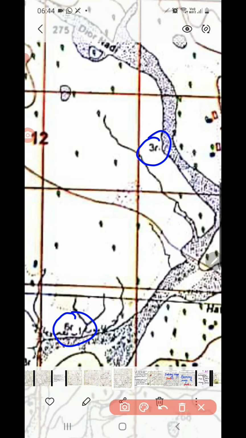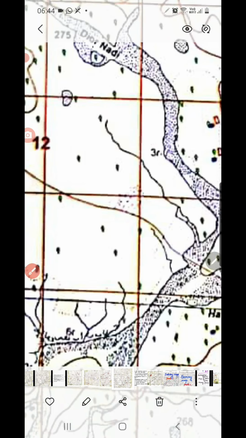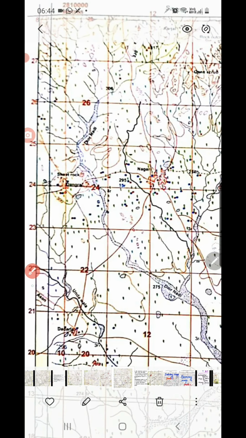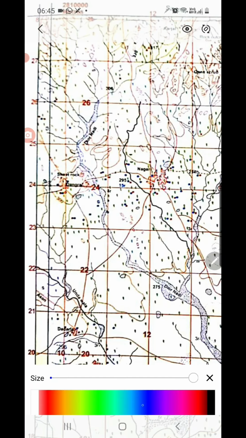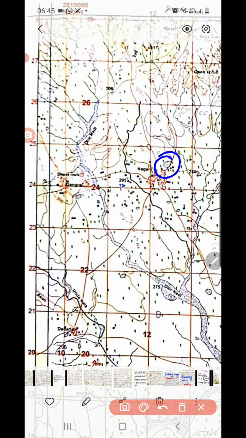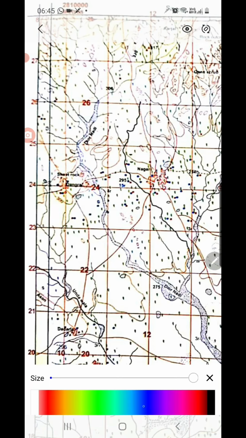Where is this dry tank? You can see a number of dry tanks in this. Yes, this is a dry tank. Sometimes near the dry tank also R can be given. Then you have to write that it is the relative height of the dry tank. You see here also dry tank is there. So this kind of figures are the dry tanks.